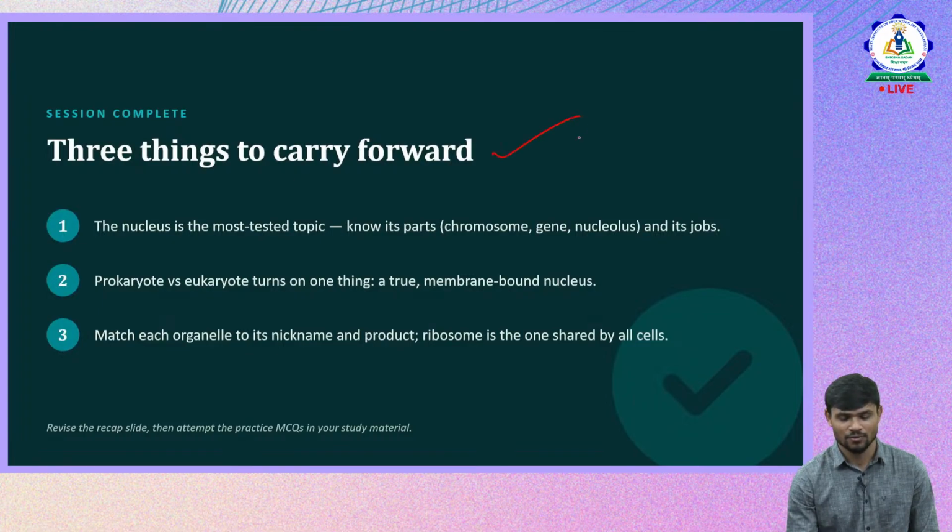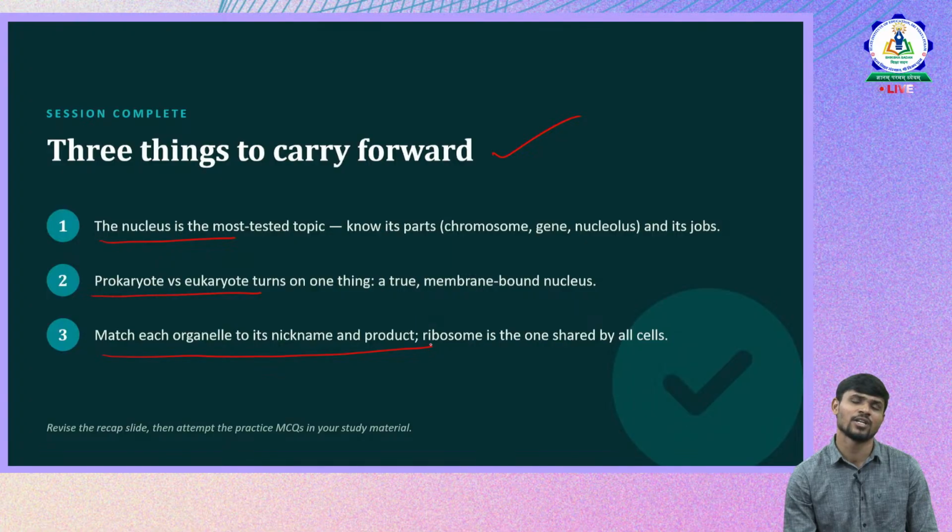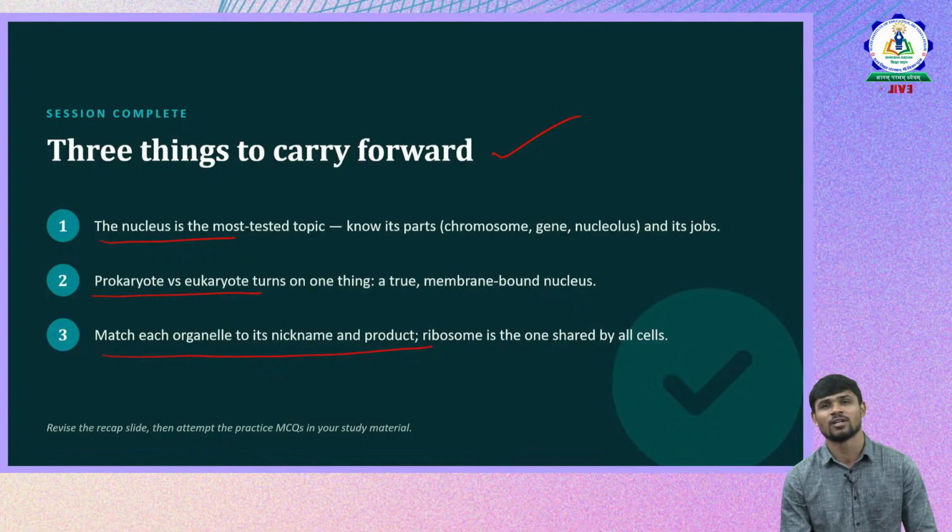So things to carry forward are majorly with respect to nucleus, prokaryotic and eukaryotic, and organelles, their nicknames and their functions. So these three are very important with respect to part 1 of living organism. So we discussed in this session about part 1 of living world, that is about cell, its types, its discovery, and organelles of the cell and their functions.